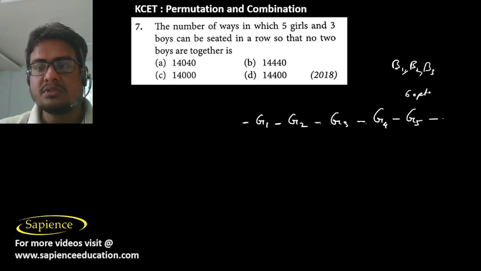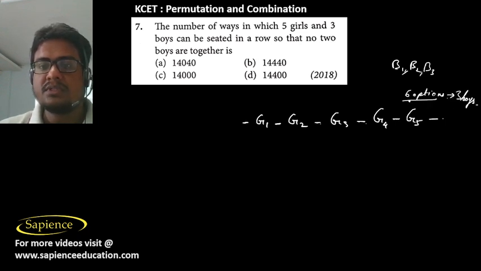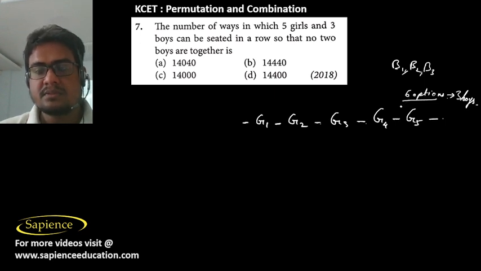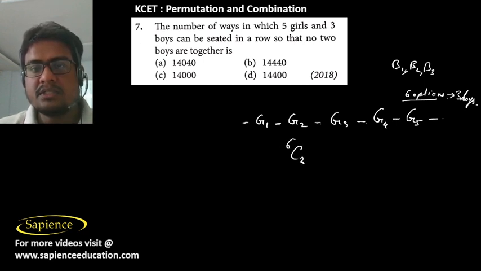So 6 options are there to sit for the 3 boys. Now out of these 6 we shall choose any 3 places by 6C3 ways.